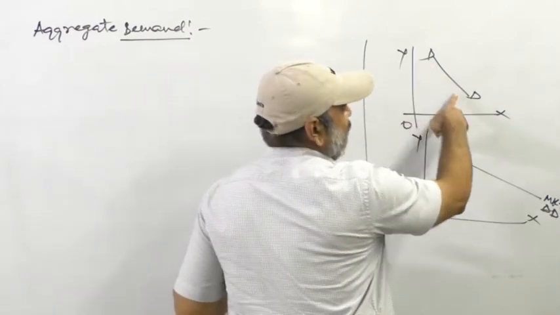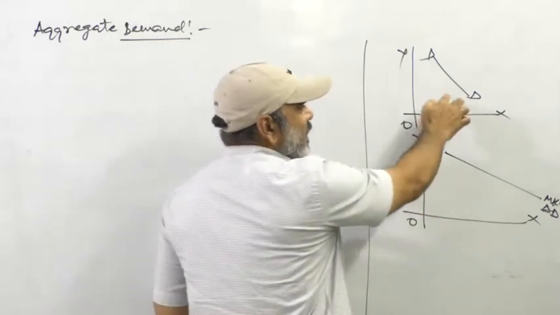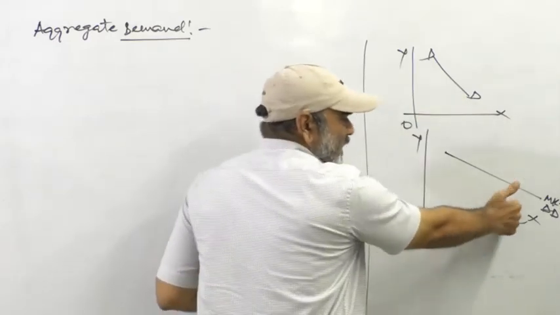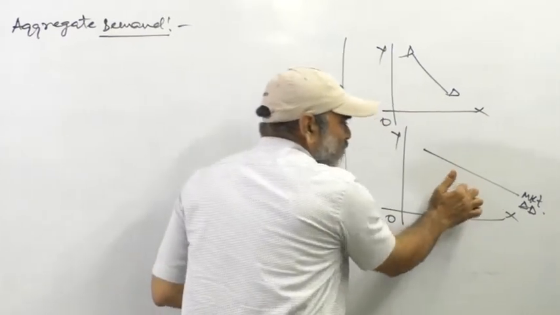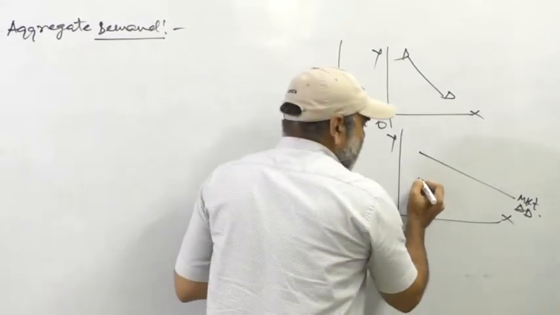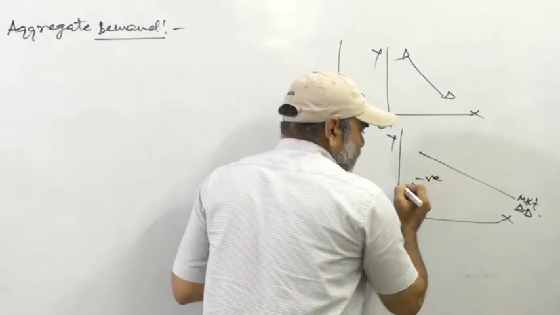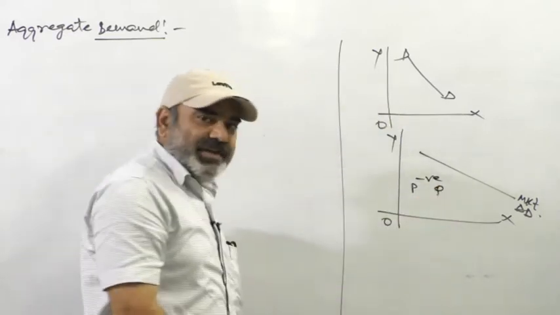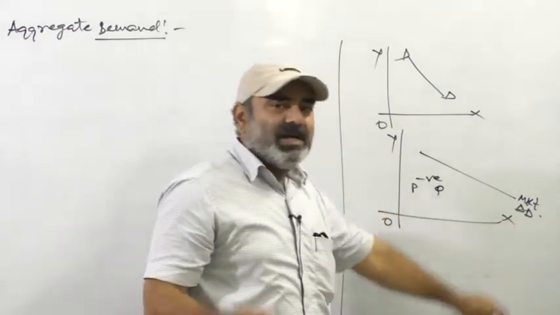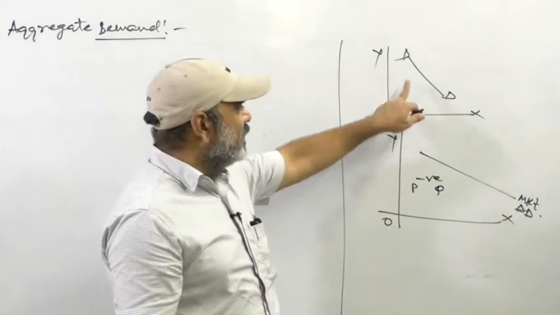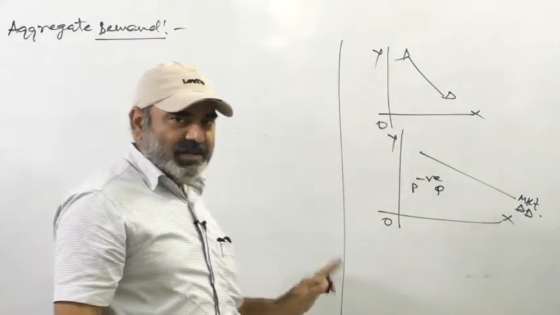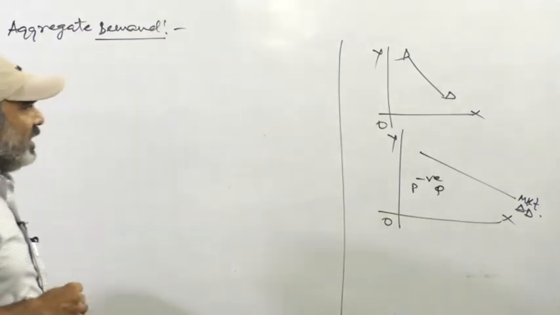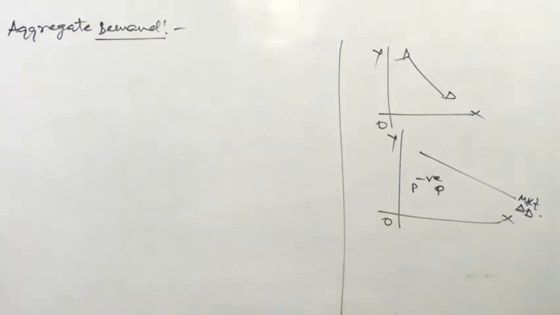Market demand curve is also downward sloping, reflecting an inverse relationship between price of a commodity and demand for the commodity, though market demand curve is flatter as compared to individual demand curve. This is what we studied in class 11th in microeconomics, and today we are going to start aggregate demand.